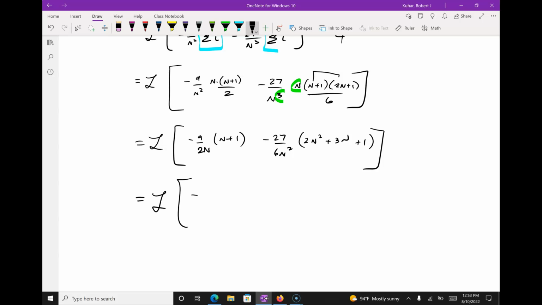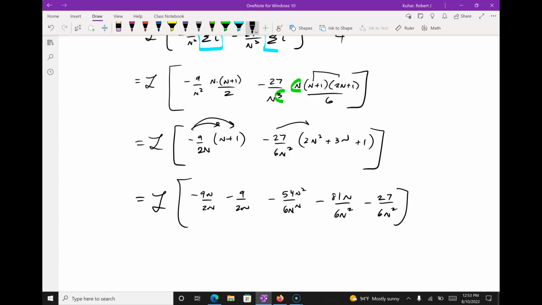I'm going to keep going. So minus 9n over 2n, minus 9 over 2n. I'm distributing, right? Minus 54n squared over 6n squared. Minus 81n over 6n squared. Minus 27 over 6n squared.